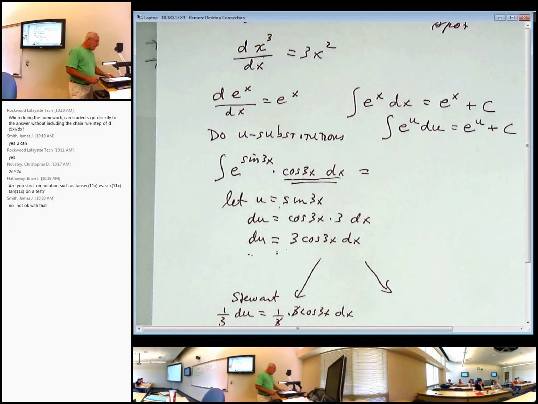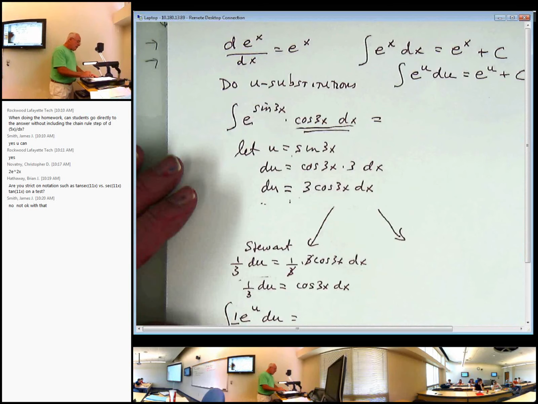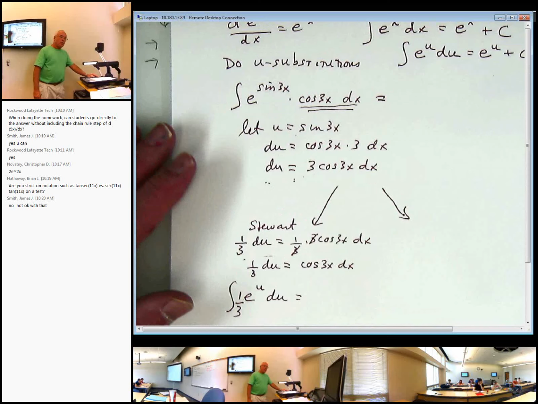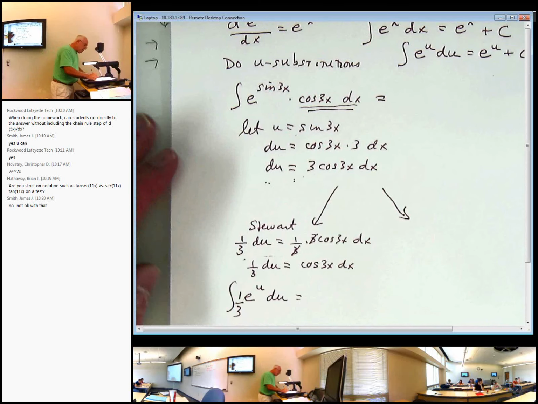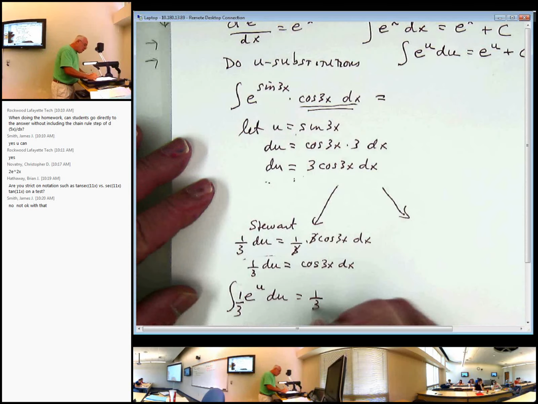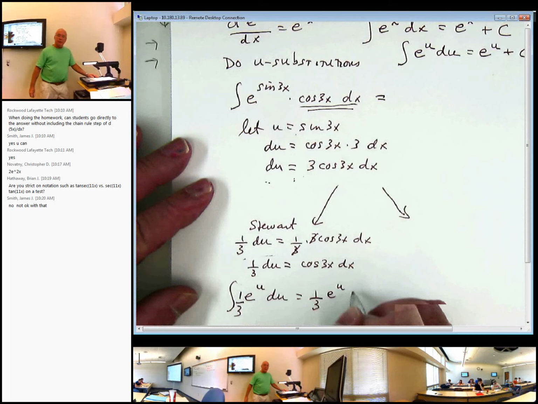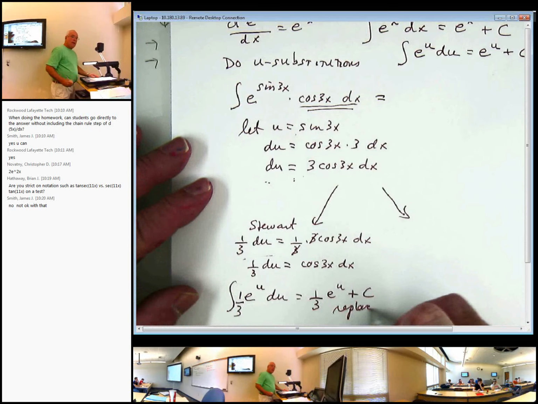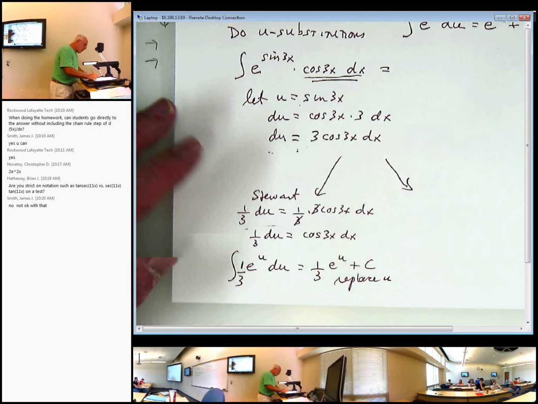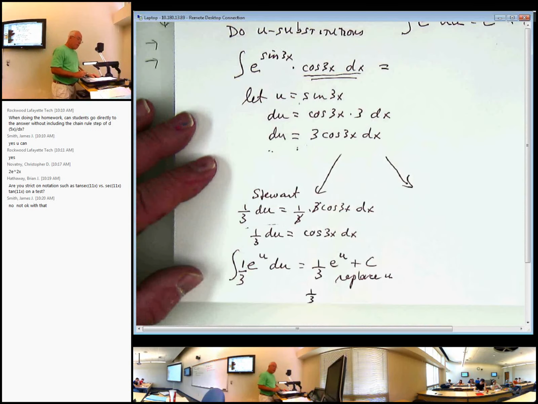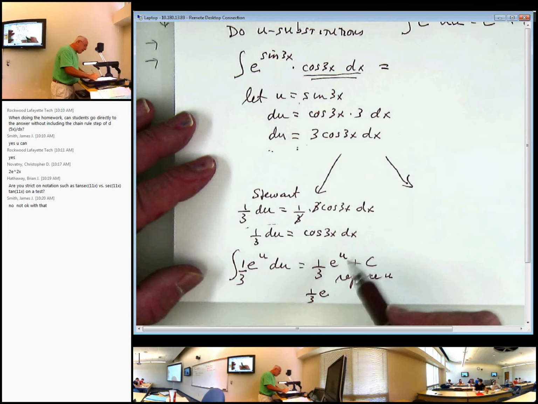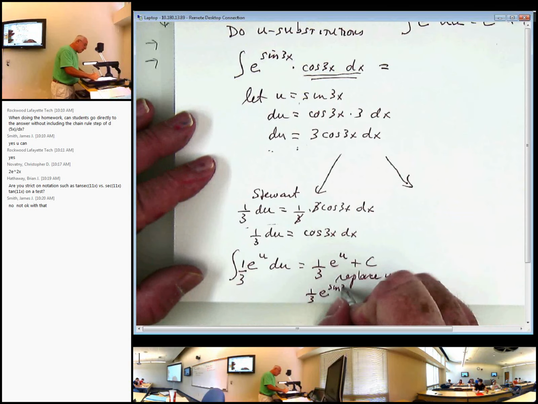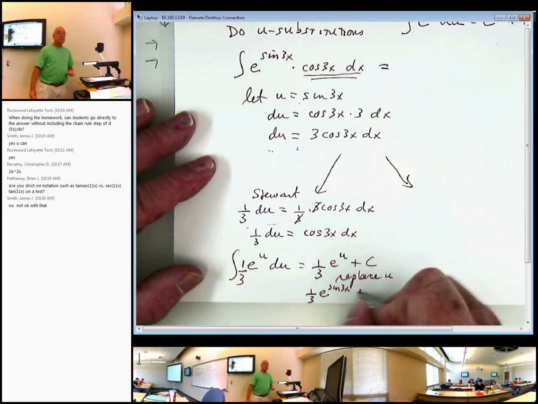So going back down here, the antiderivative of 1/3 e to the u du is 1/3 e to the u plus our general constant. And now I replace the u. So I get 1/3 e to the sine of 3x plus our general constant c.